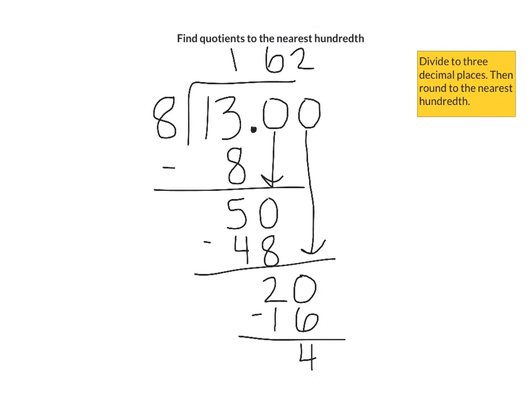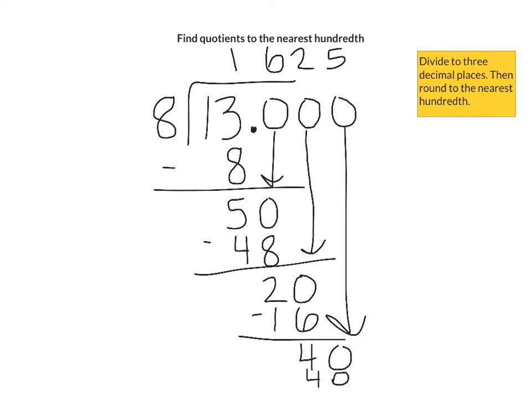And we're going to regroup our 4 hundredths into 40 thousandths. 40 thousandths divided by 8 is equal to 5 thousandths. 5 thousandths times 8 is equal to 40 thousandths, which when we subtract, we get 0.